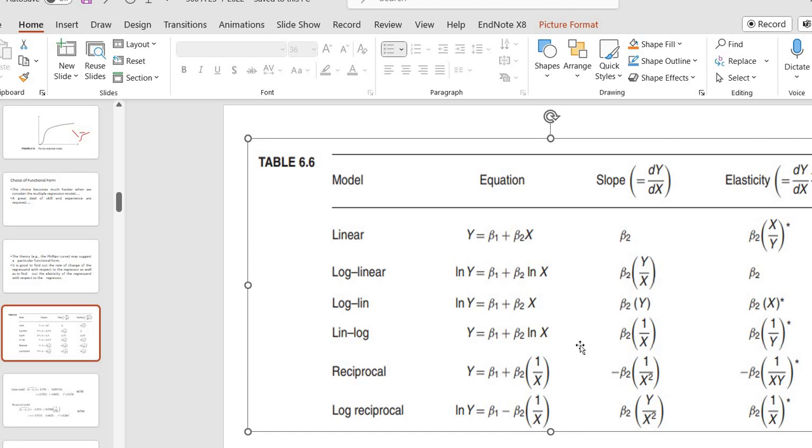Number one, whenever you are estimating a model using OLS to estimate the parameters, the most important thing is that your model must satisfy CLRM so that you can easily apply the OLS technique. This is the first prerequisite to apply OLS. So you just have to see whether your model satisfies these conditions.